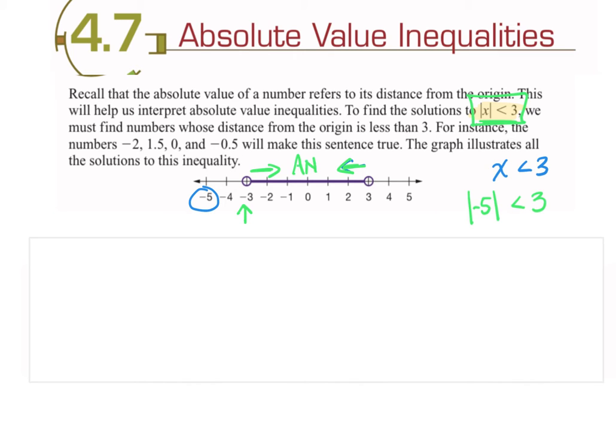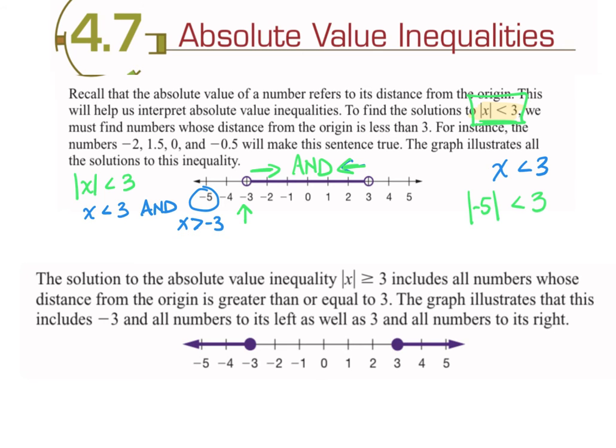So when you have the absolute value of something like this, it's going to end up being, yes, x is less than 3 and x is greater than -3. So it's always going to be an and when it's less than the one that it gave you and the opposite of the negative, all right? And that's actually how you set these up.